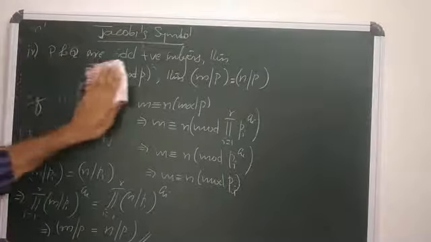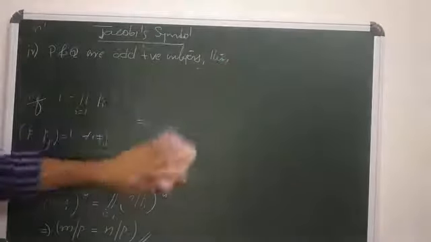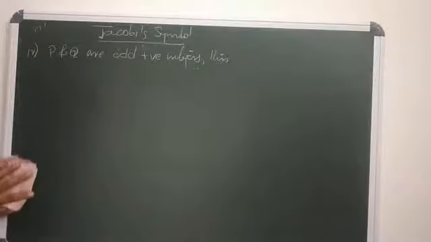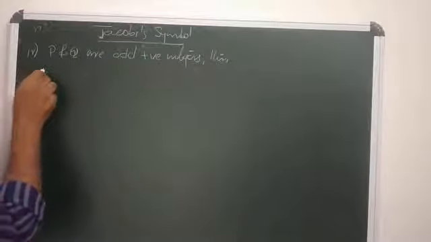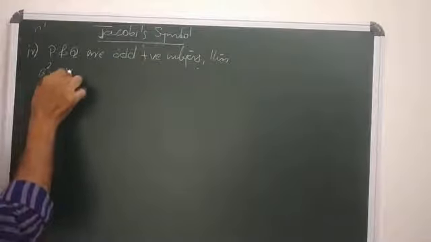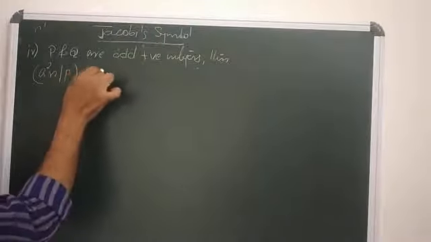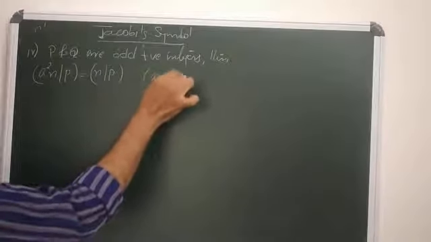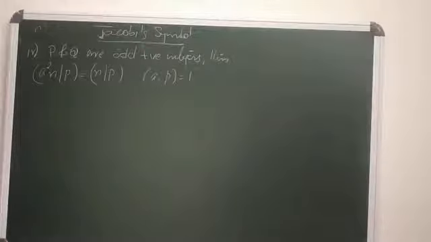Next property: when p is an odd positive integer, (a squared n/p) equals (n/p), where a and p are relatively prime. Whenever a and p are relatively prime, then (a squared n/p) equals (n/p).